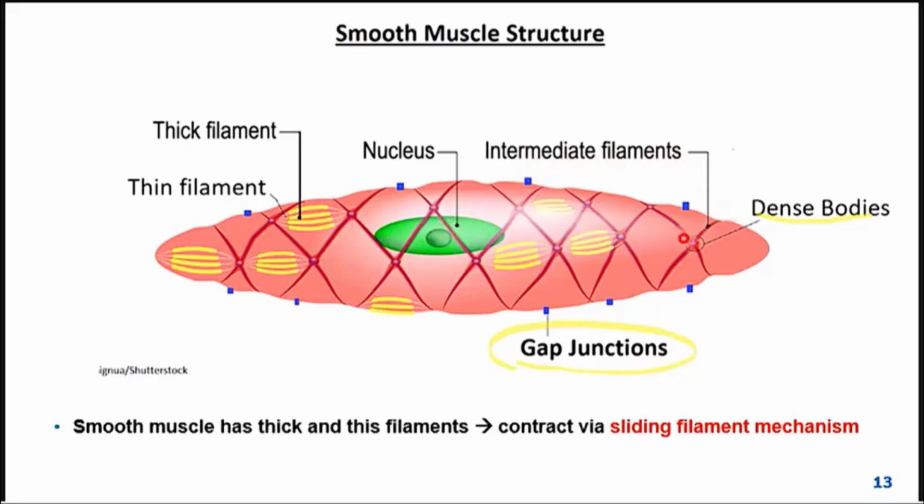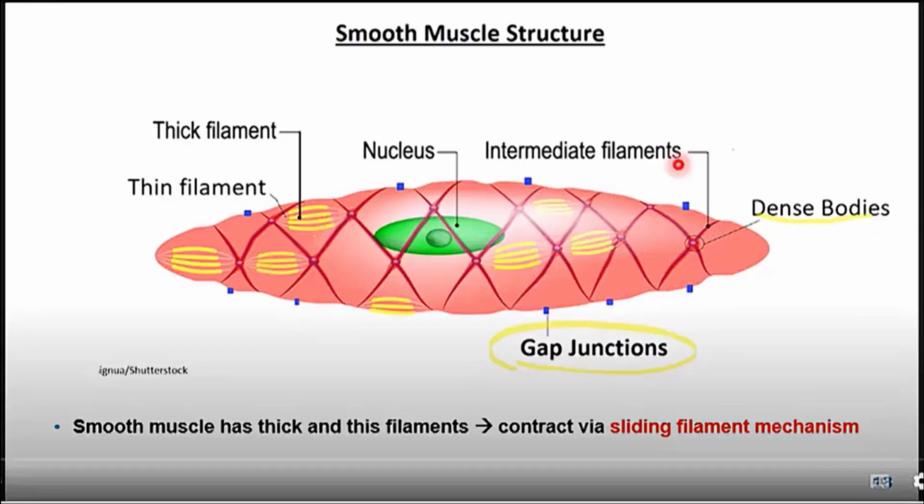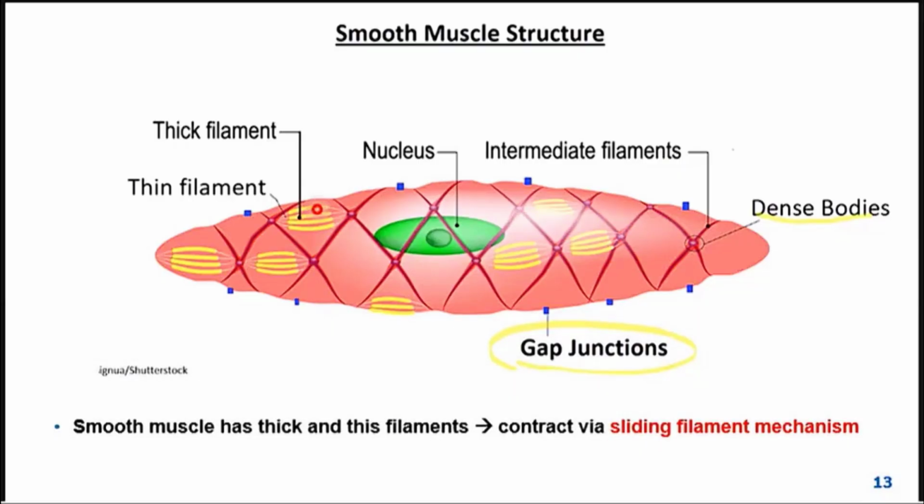Okay, so every time you see crossing of intermediate filaments, you find your dense bodies. Okay, and those dense bodies would be analogous to your Z line if you look at a sarcomere.